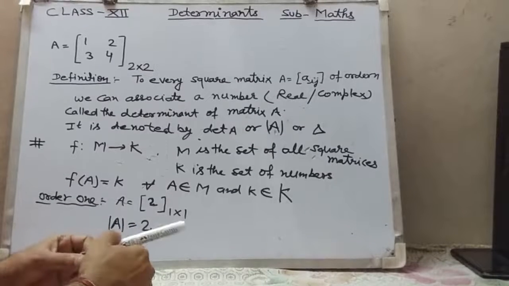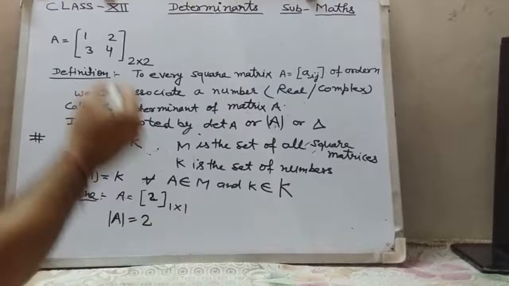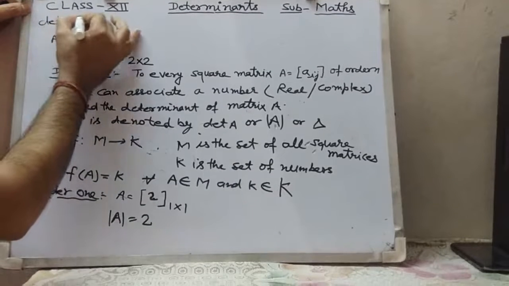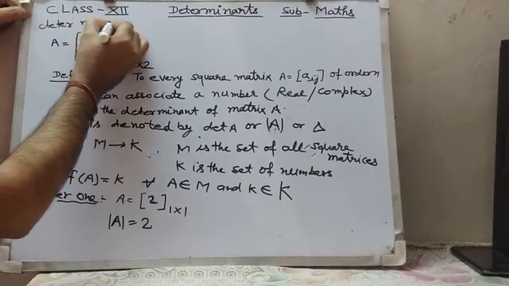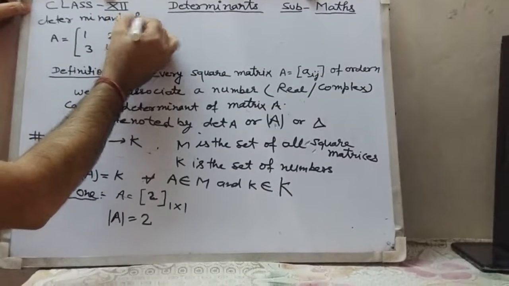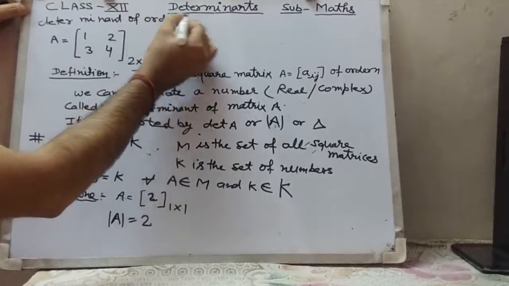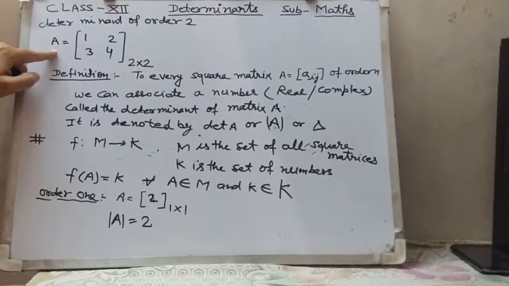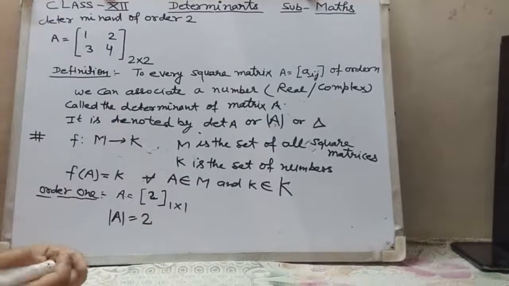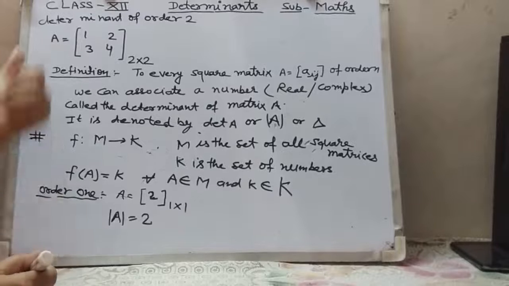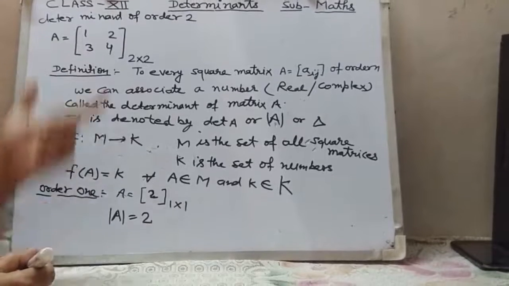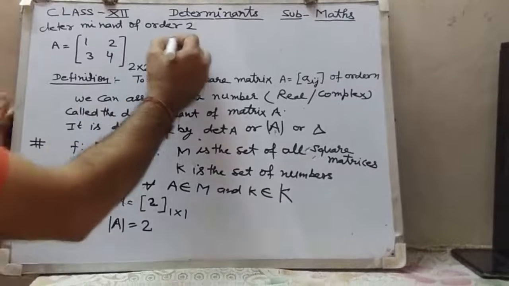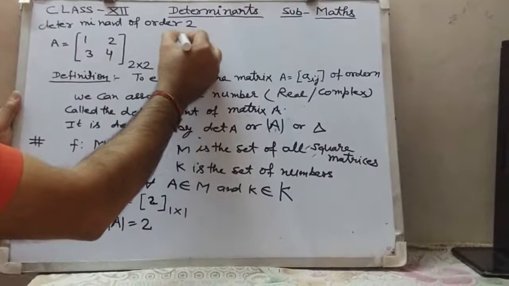Now we come on determinant of order 2. Like this. This is a determinant A. Its order is 2 by 2. A is a square matrix, and now we want to find the determinant of A. It is denoted as |A|.